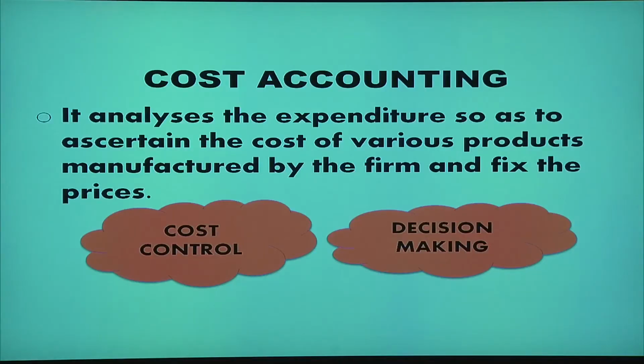Then what is cost accounting? Cost accounting analyzes the expenditure so as to ascertain the cost of various products manufactured by the firm and fix the prices. So, cost accounting helps in cost control. If cost is controlled, it involves the decision making process.